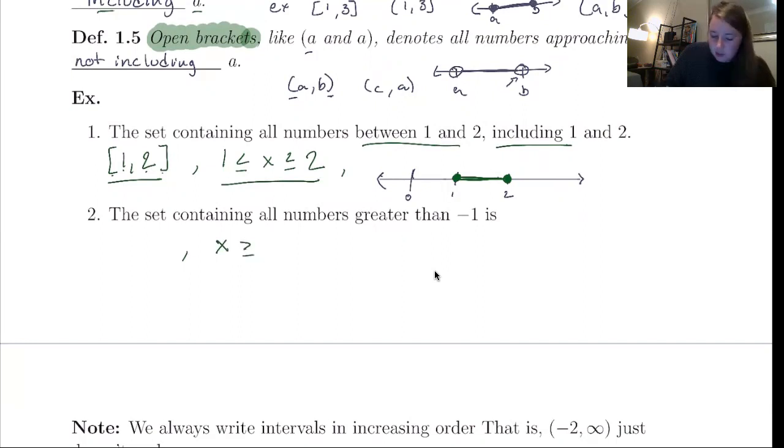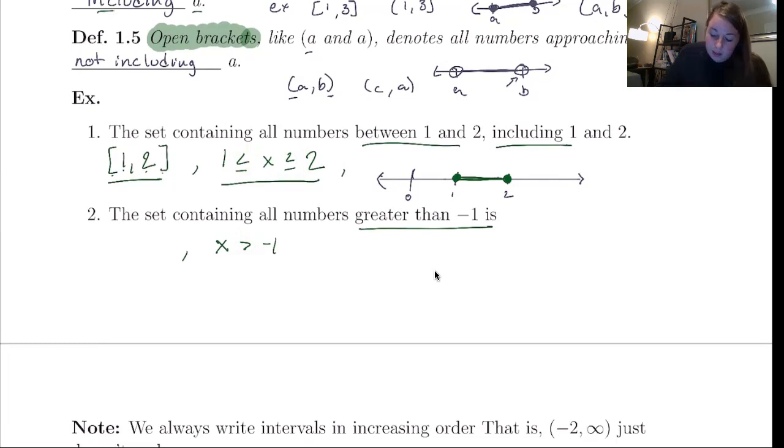So any x that is greater than, sorry, we don't want that line. That line means equal to. It's like combining an equal sign and a greater than sign. So x greater than -1. So it just says greater than. No including, no equal to. So that's why I'm not including any bar like I did here, right? These were including, so that number x could equal 2 or it could equal 1, not at the same time.